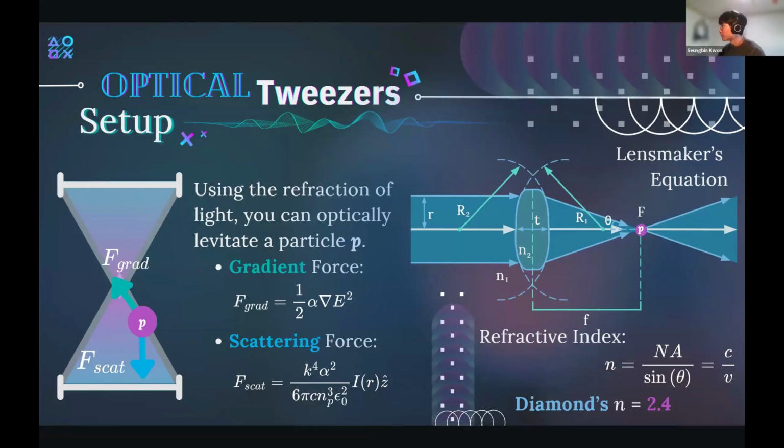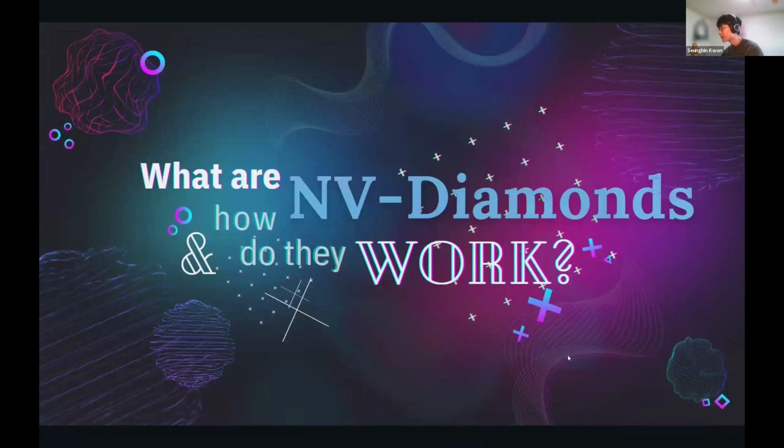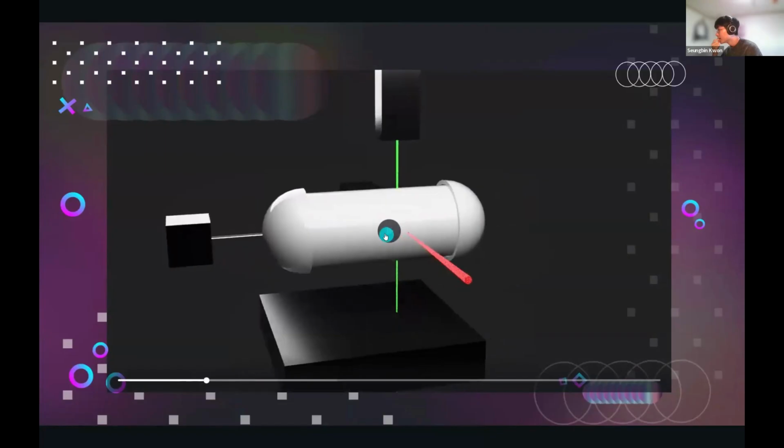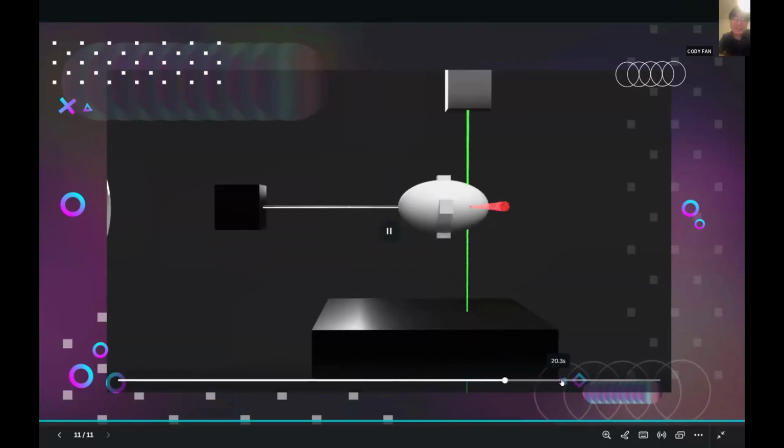Oh, and I have one question. This may be silly, but in the last video you showed us, the green laser just hangs the diamond particle in midair, right? I think it shows that.